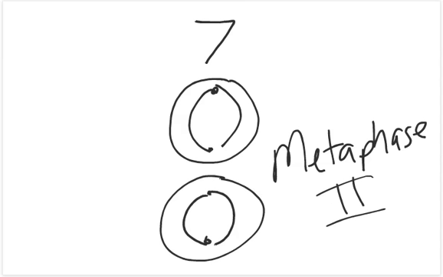And then I've got my big orange one lined up along the middle. My little red one is lined up along the middle. See, they're lined up along the middle. And the big blue one here, and the little green one here. Okay, so they're lined up along the middle. What comes next? Right, anaphase 2.